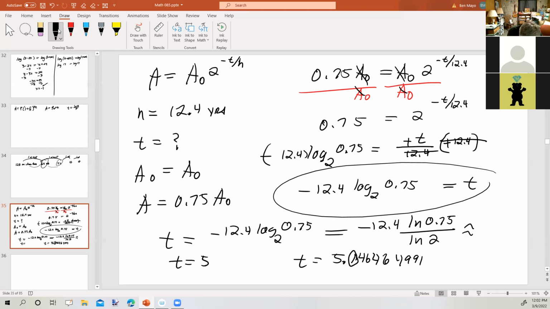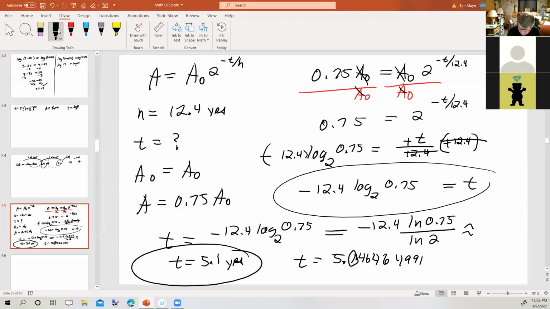So t is 5.1 years. Now, I believe in WebAssign, it will tell you what to round to, okay? So it'll say round to the nearest tenth or hundredth or thousandth or integer or whatever. Do you have any questions about what happened here?